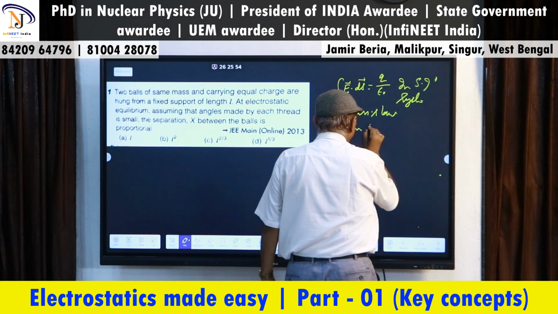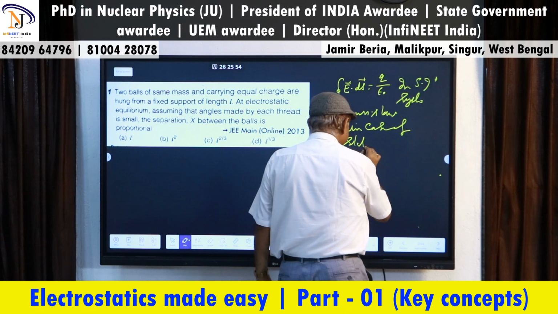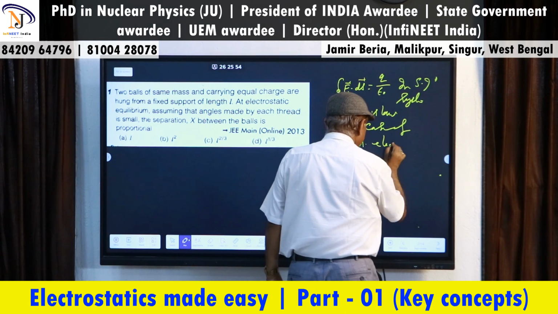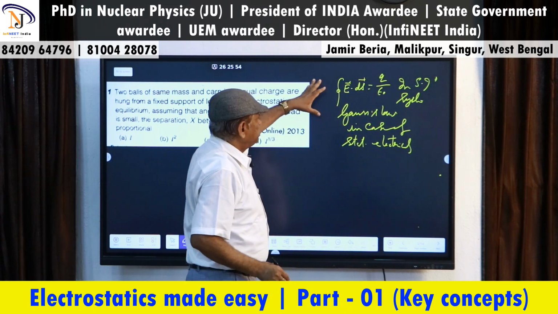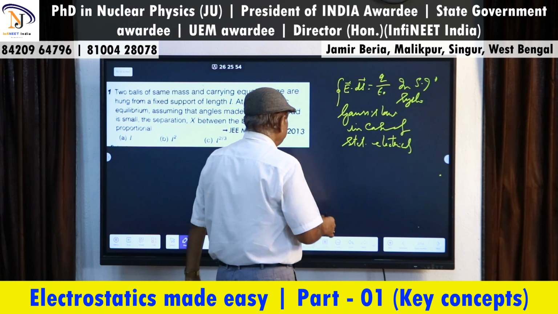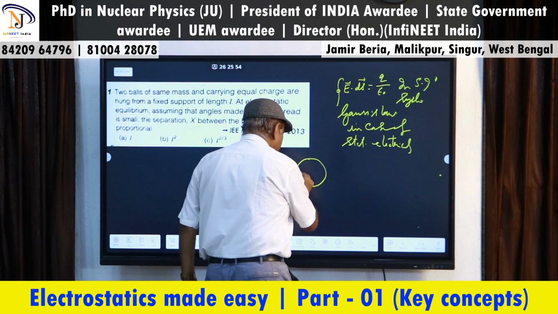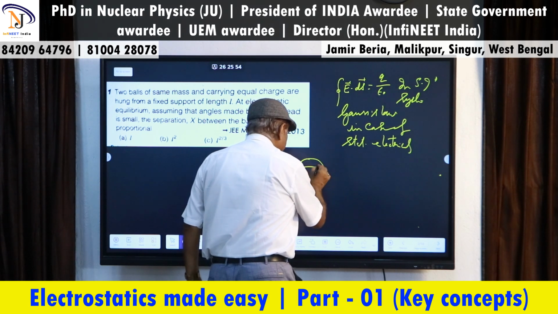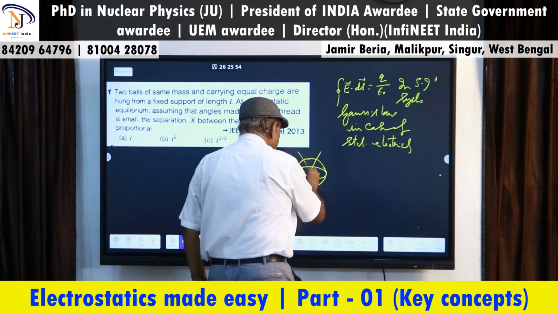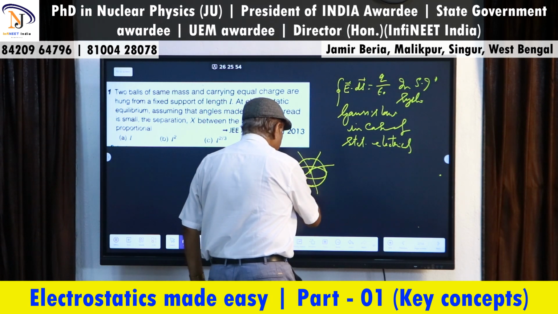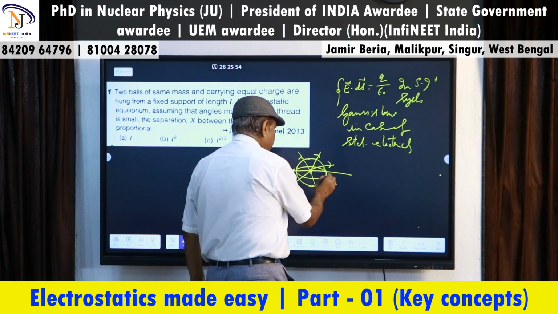In case of static electricity. You know, this is in the SI system. And suppose there is a sphere. If you consider it a Gaussian surface, then the lines of force will emit perpendicularly from this point.